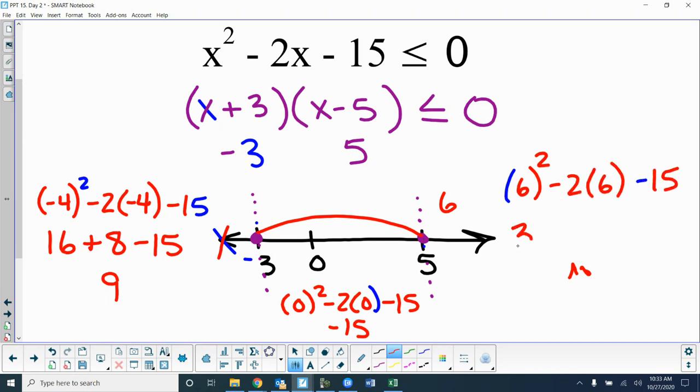So 6 squared is 36, minus 12 minus 15. That comes out to 9 also. That's not less than 0 or equal to 0. So it would be that area. Okay? Does that make sense?